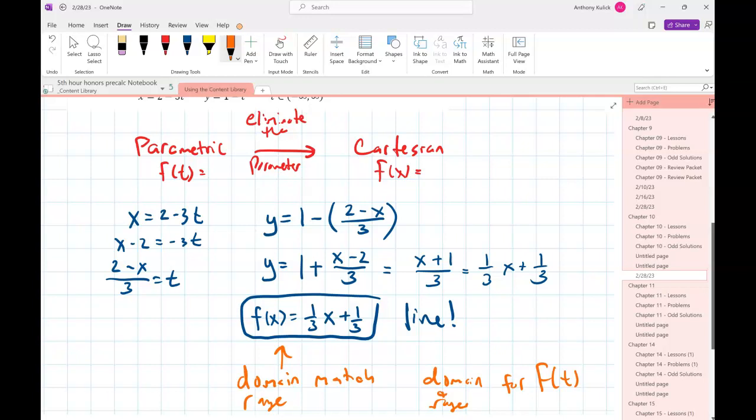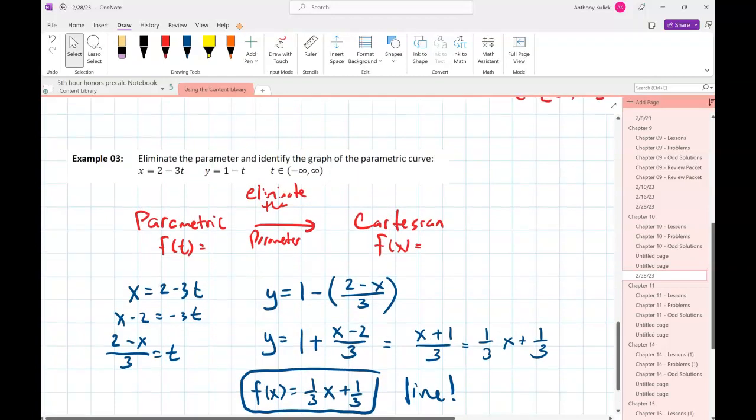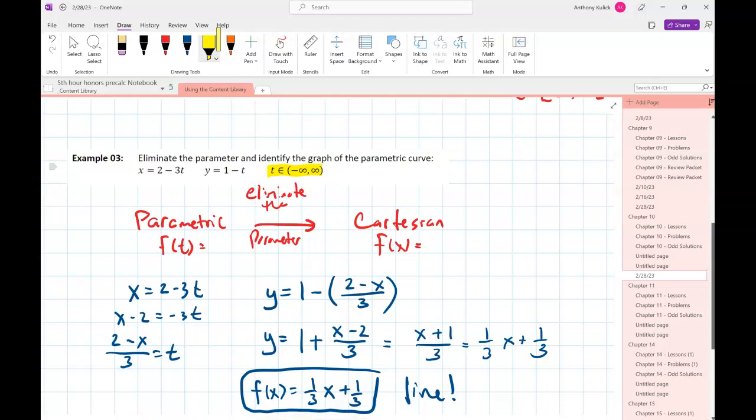So before we say we're done, we need to check that. So if I go back to my parametric, my input is anything from negative infinity to positive infinity, right?